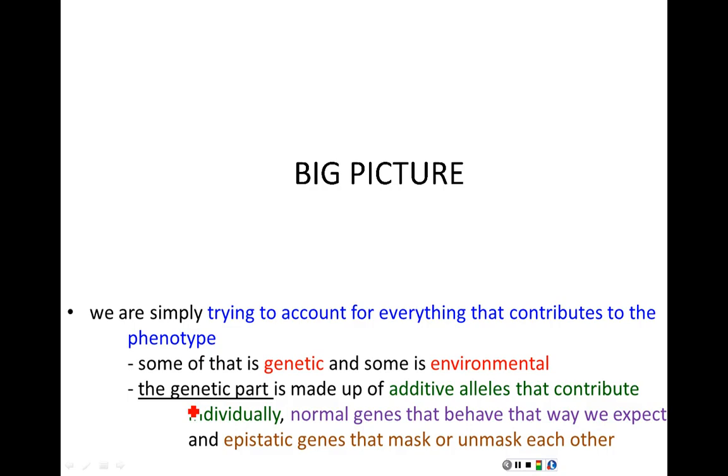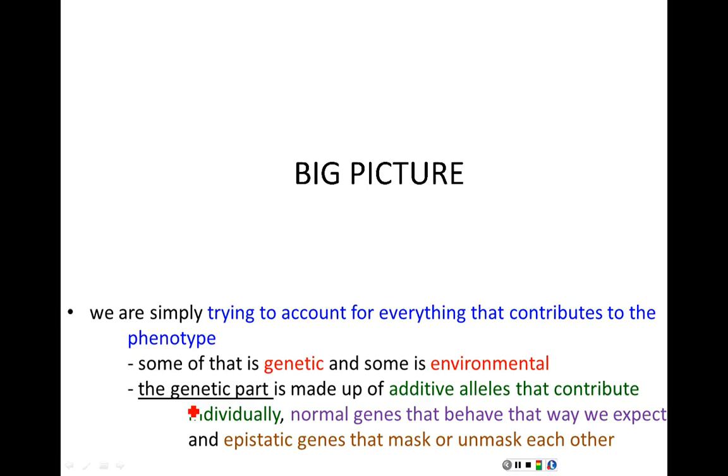You have one dominant allele, you show that contribution. You have 2 dominant alleles, I don't care, you only need 1. You show the same contribution. They're not additive, they're classic dominance, and we call that dominance genetic variance. And then some of those genes that affect height are subject to epistasis. They're subject to control by other genes. In other words, multiple genes are interacting, masking and unmasking each other for people's height. And we call that genic interaction variance.